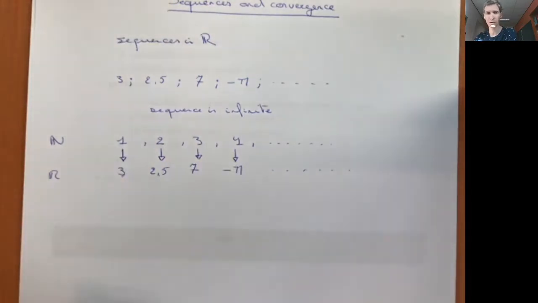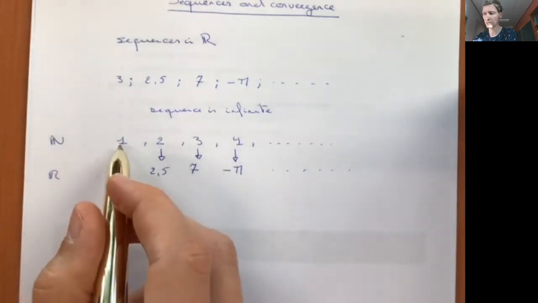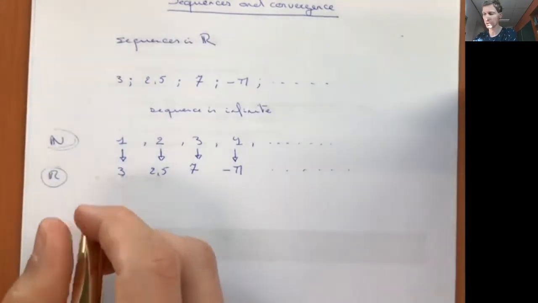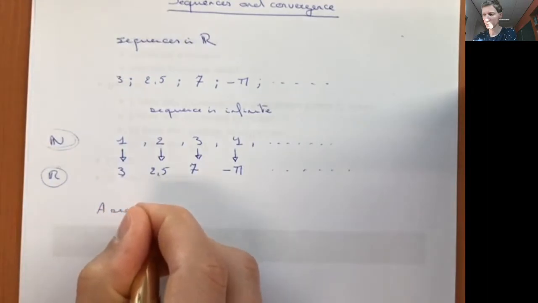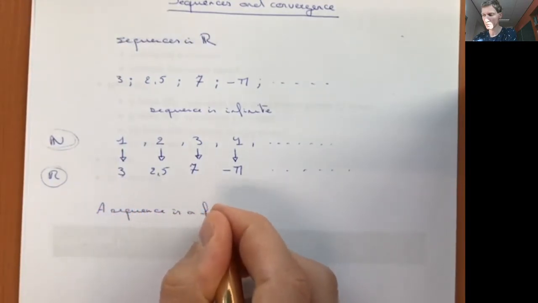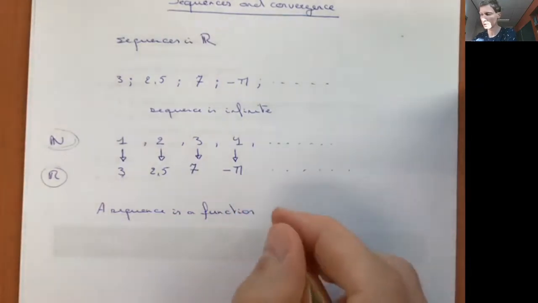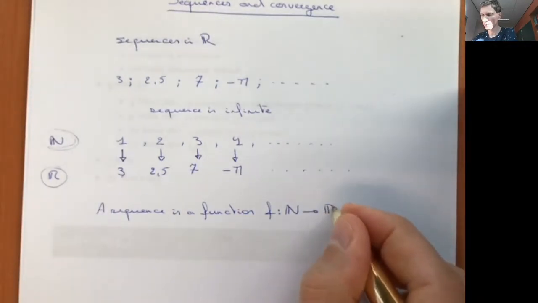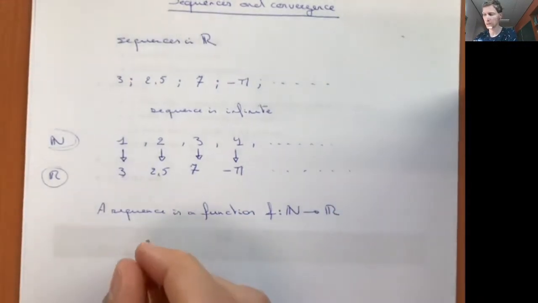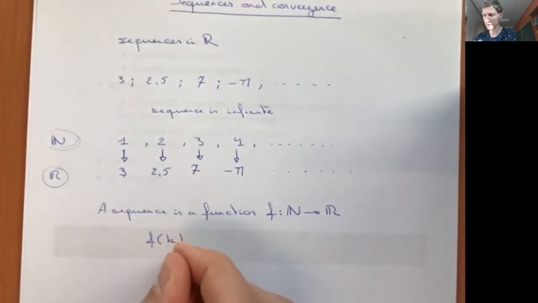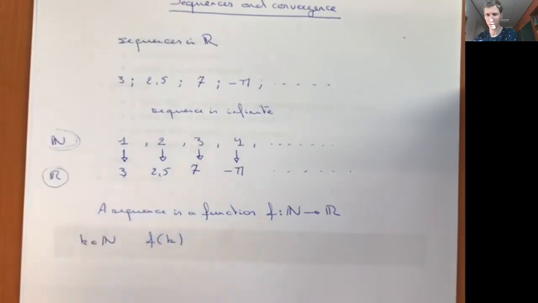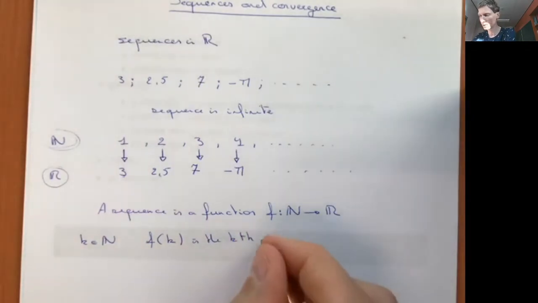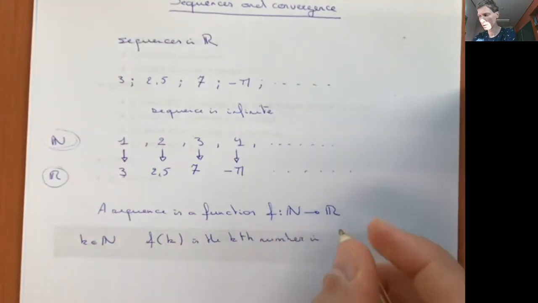Okay, so looking at it from this angle, what you have is a function that takes a number in N and outputs a number in R. So you can say a sequence is a function, let's call it f, that takes a number in N and produces a number in R. And then you can say, let k be a natural number, then f of k is the kth number in the sequence.